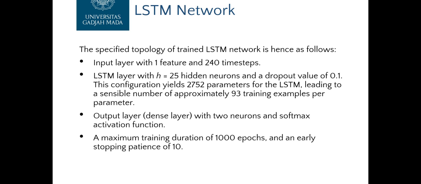After each epoch, one pass across the samples of the first set, the network predicts the unseen samples from the validation set and a validation loss is computed. Hence, if the validation loss doesn't decrease for patience periods, the training is stopped and the weights of the model with the lowest validation loss are restored.